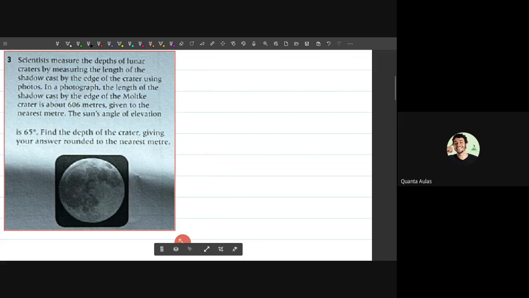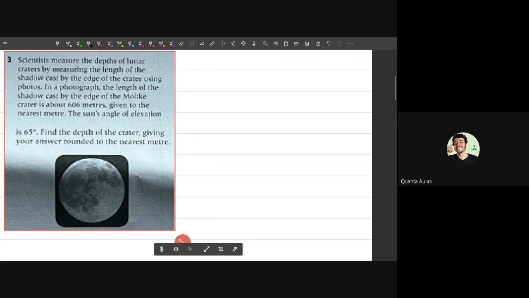In a photograph, the length of the shadow cast by the edge of the moon crater is about 606 meters, given to the nearest meter. The sun angle of elevation is 65 degrees. Find the depth of the crater, giving your answer rounded.